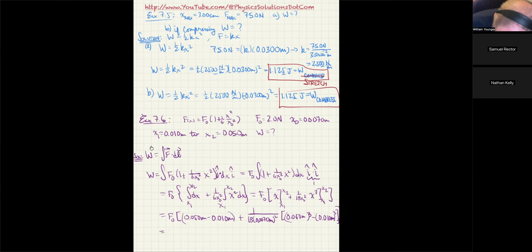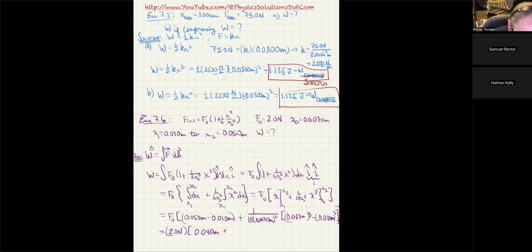Then we plug all these numbers in: the 2.0 newtons times the 0.040 meters plus 1 divided by parentheses 18 times 0.007 squared.